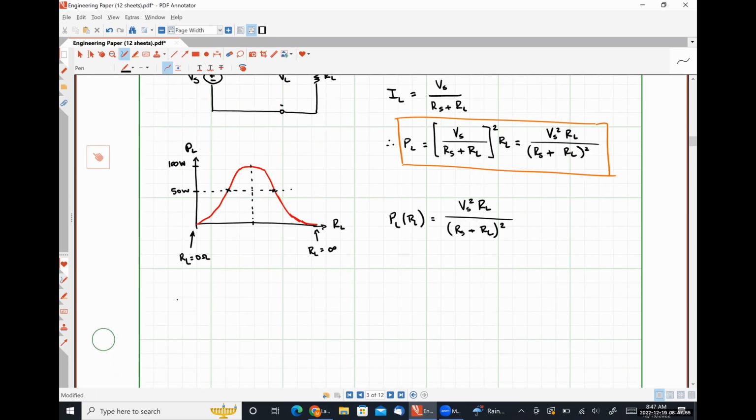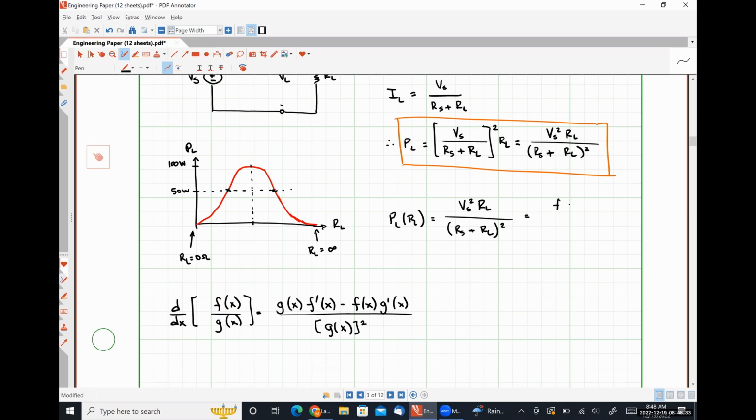The quotient rule says that if we want to take the derivative of a function f of x over a function g of x, that is g of x times the first derivative of f of x minus f of x times the first derivative of g of x, divided by g of x squared.